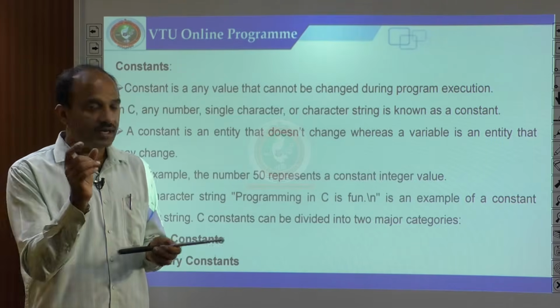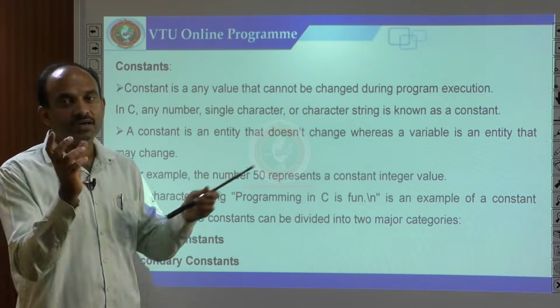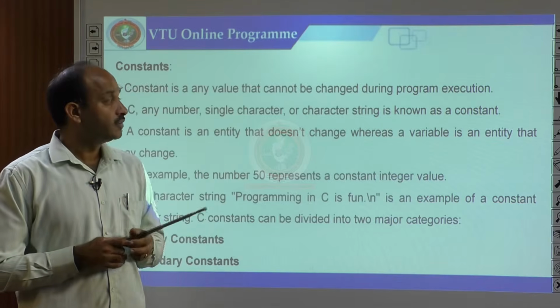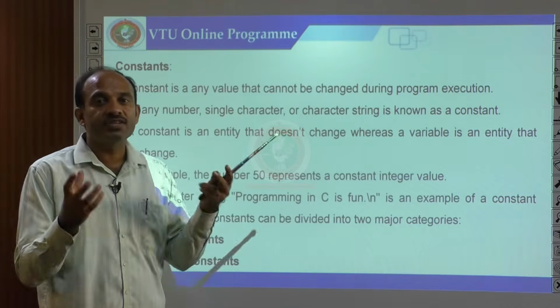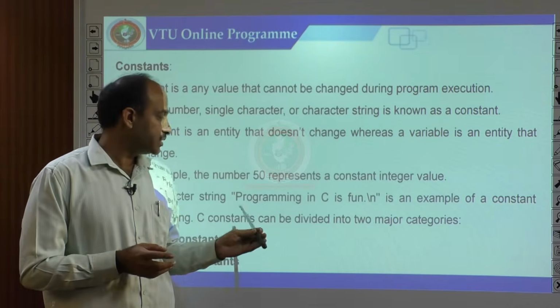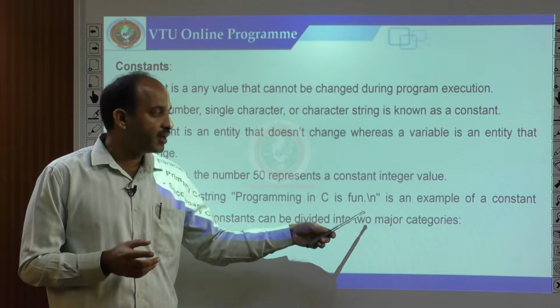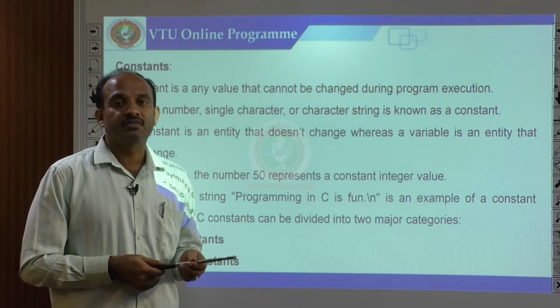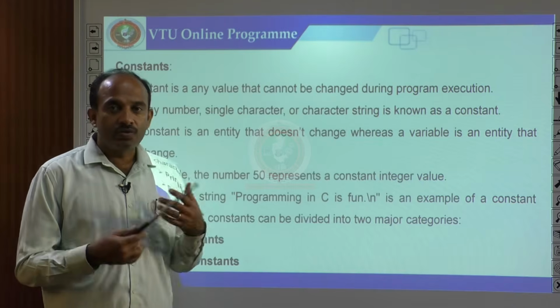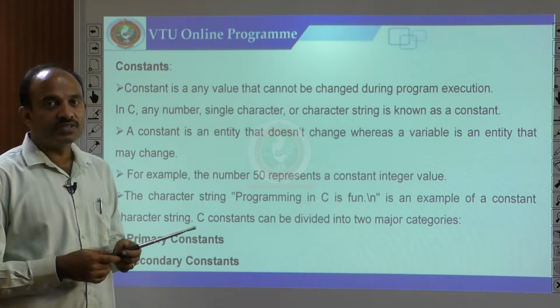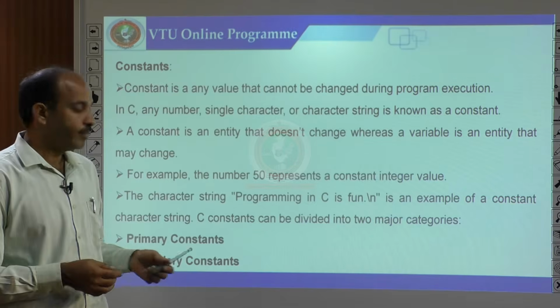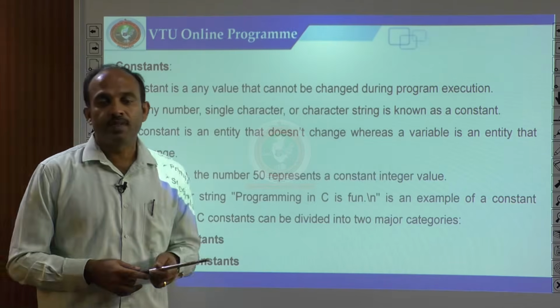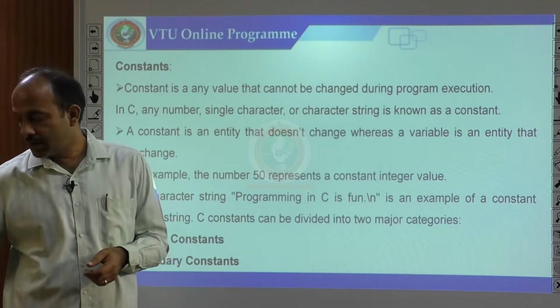Now, in this particular statement, if I talk about a single character C, and a character string, a collection of characters. See here, "programming in C is fun" is an example of a constant character string. When you classify these constants, they are classified into two: primary constants and secondary constants.